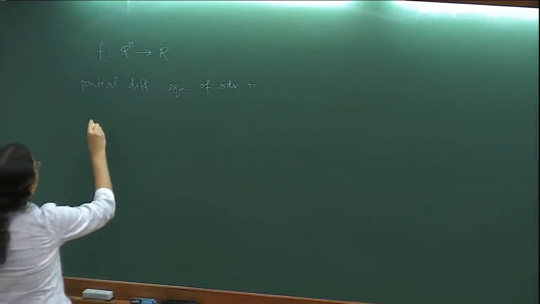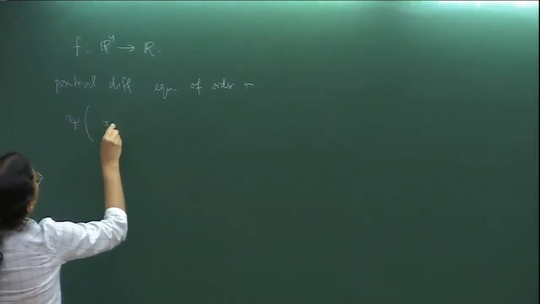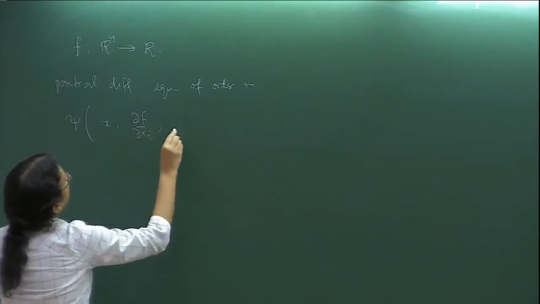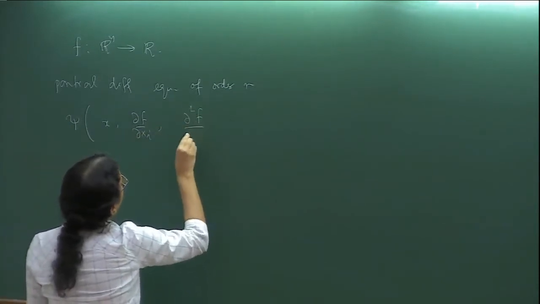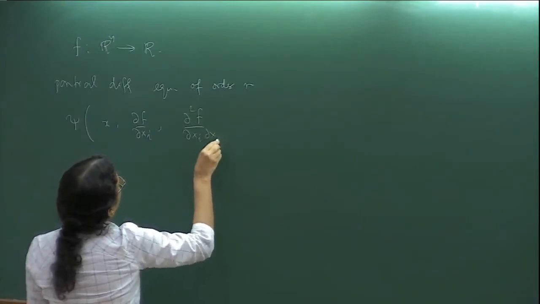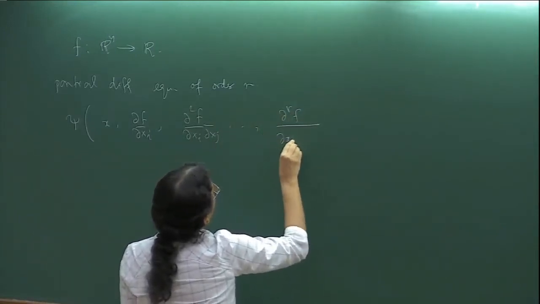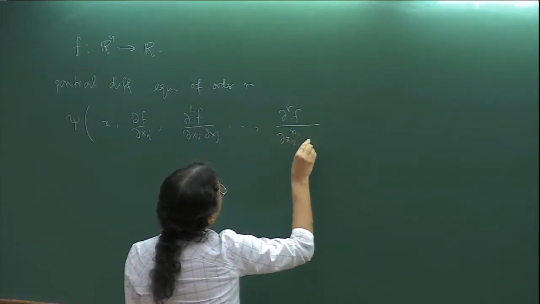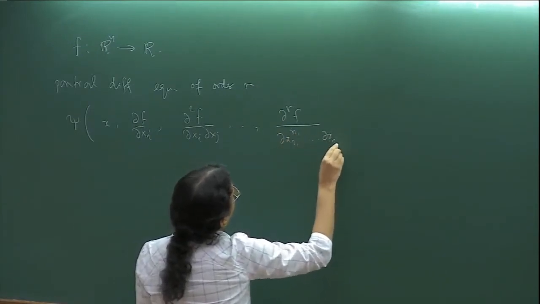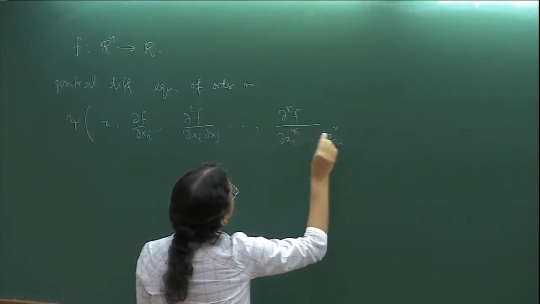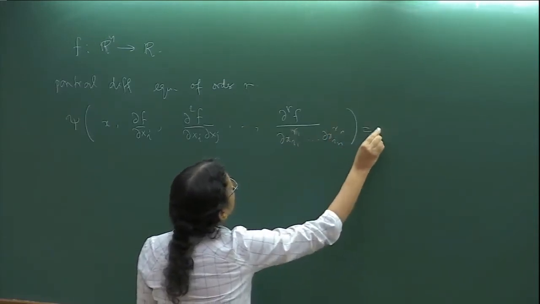So this is a relation among its partial derivatives, and then something like this.